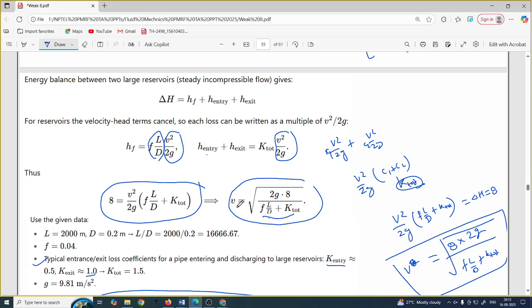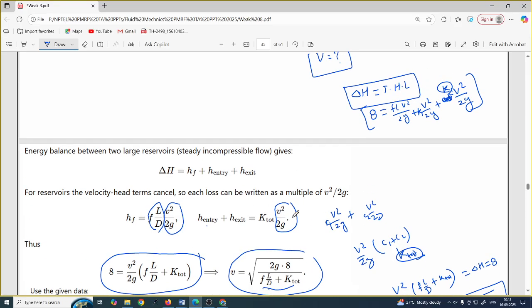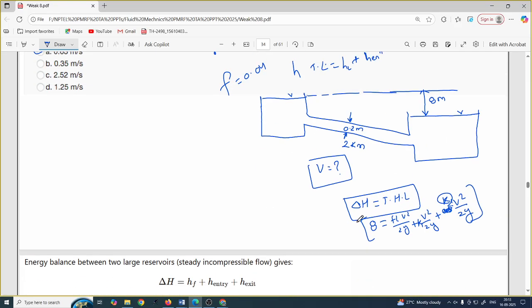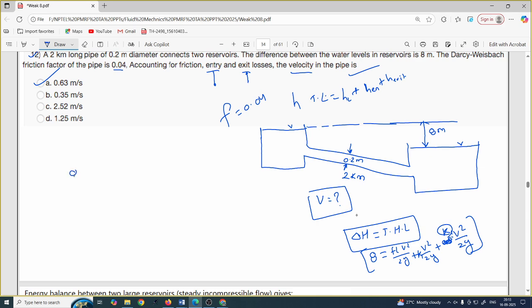This is a one line calculation, but just for your understanding I have illustrated it like that. One line means you just write the difference: f L V square by 2g D plus V square by 2g plus 0.5 V square by 2g.